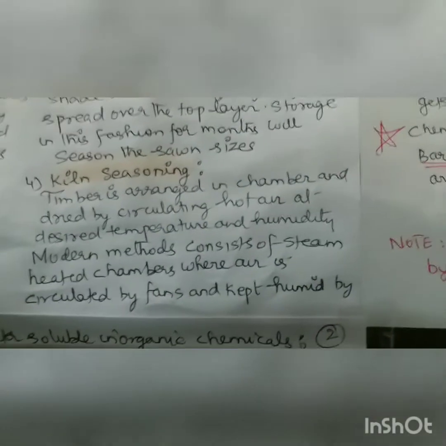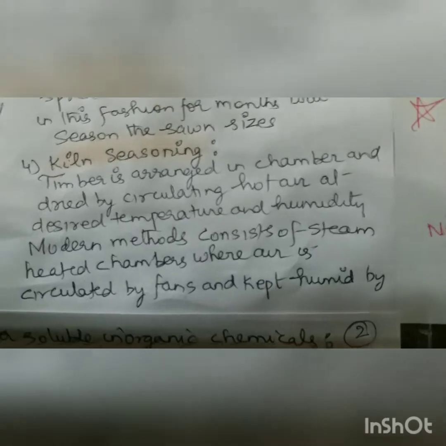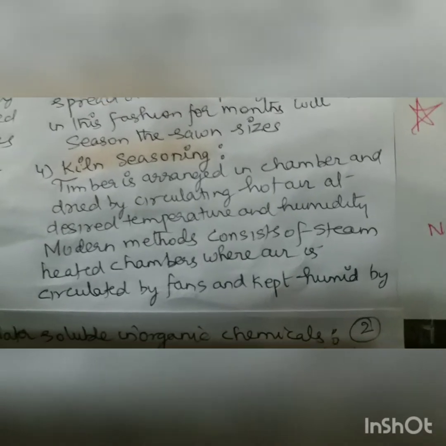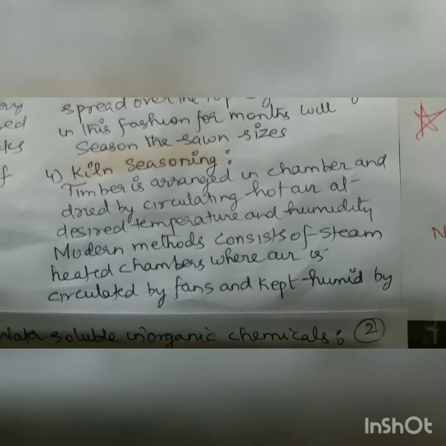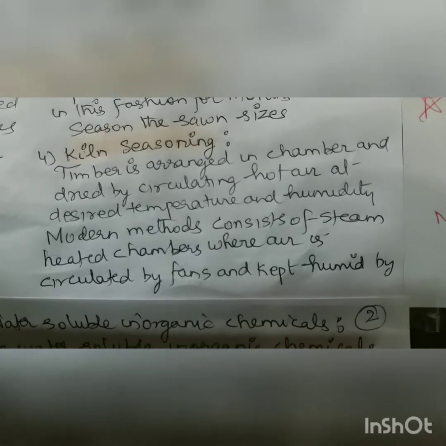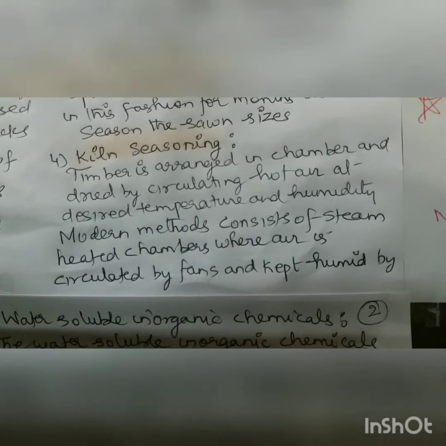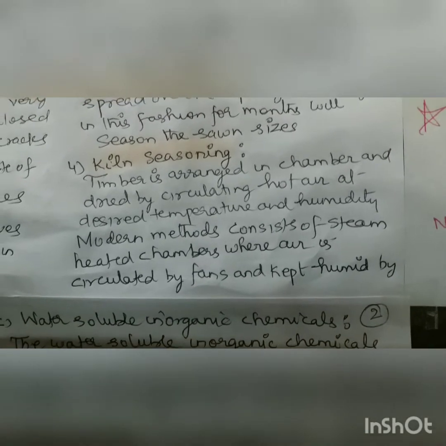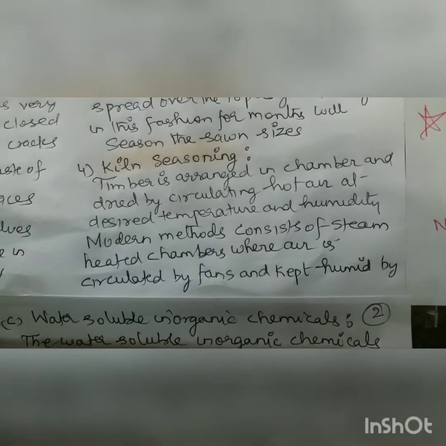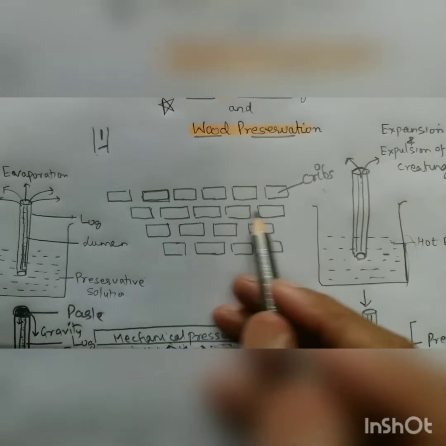Now next is kiln seasoning. Timber is arranged in chambers and dried by circulating hot air at the desired temperature and humidity. This is a modern method, consisting of steam heated chambers where air is circulated by fans. See, here chambers are prepared like this.